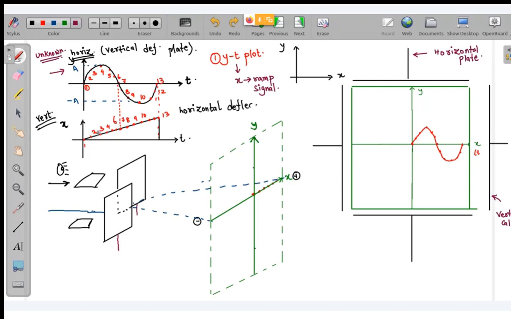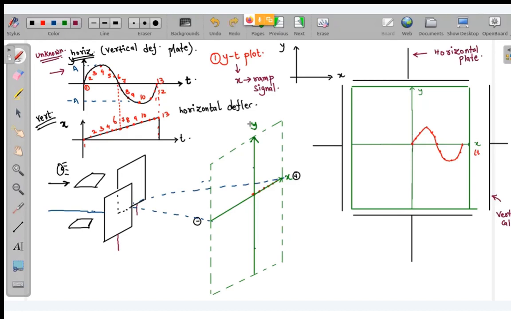You can see this ramp or sawtooth waveform is mapping the time, because whatever is the time period of this signal, same is the time period of this signal, due to which I am able to recreate this unknown signal on my CRO. Are you getting the point? The task of this signal is to map this signal at different time instants, or else we will just get a straight line.